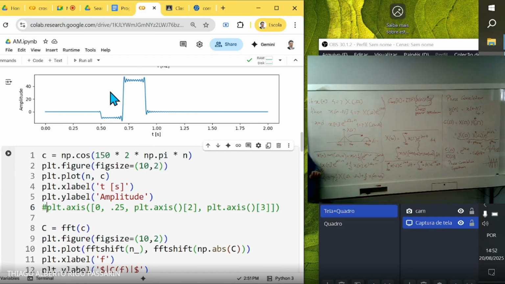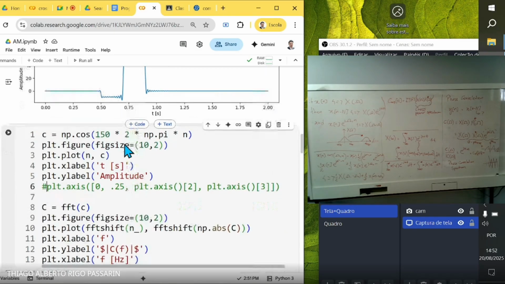The signal with which I'm multiplying it is called the carrier. The cosine is the carrier. The c also stands for carrier here, and that's because it carries the signal with it.